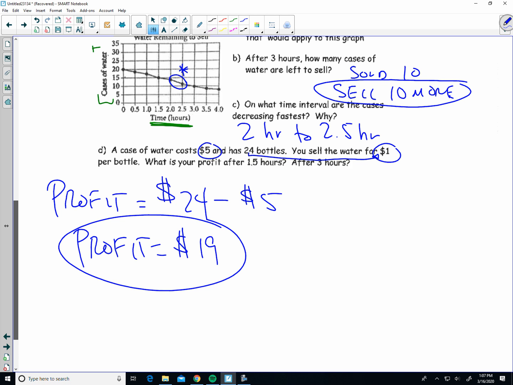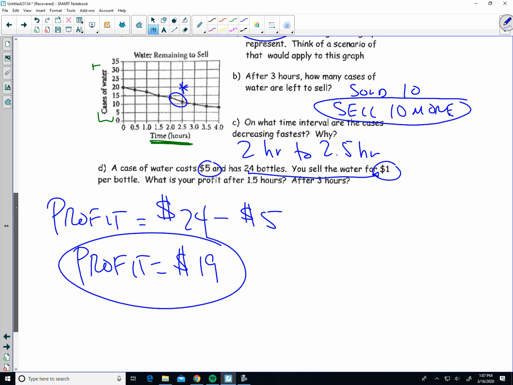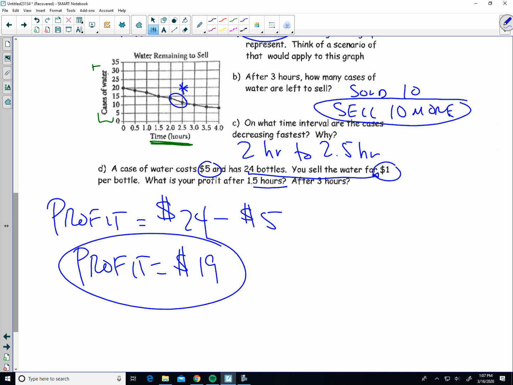So the first part of the answer to section D says, what's your profit after 1.5 hours? So at the 1.5 hour mark, how many cases did we sell? Once again, you go back up and analyze your graph, go to 1.5 hours in, and you can say, well, we sold 5 cases. So 1.5 hours in, 5 cases of water were sold.